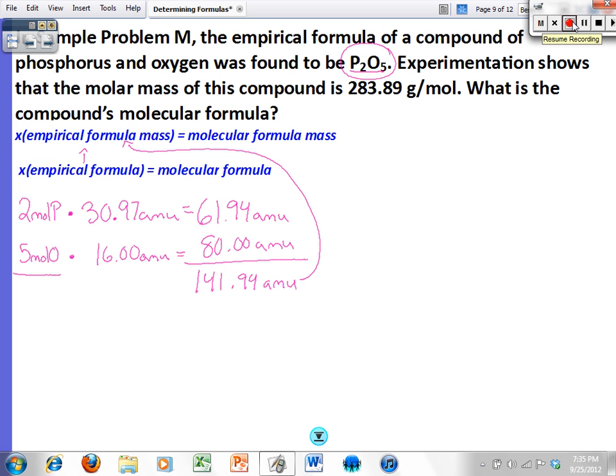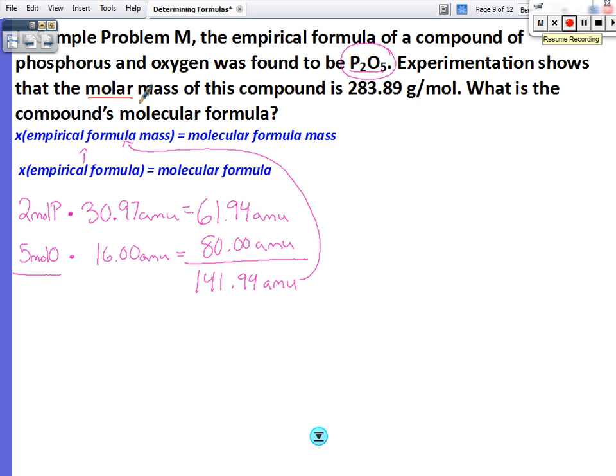Another nice trick we have is we know the molar mass of the compound to be 283.89 grams per mole. Well, I'm going to tell you right now, the molar mass can be directly related to the molecular formula mass.